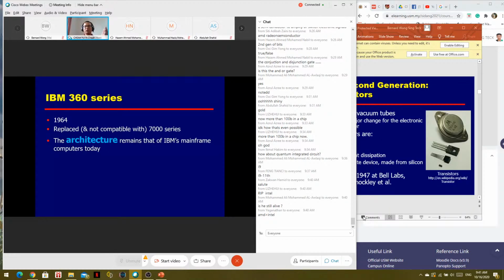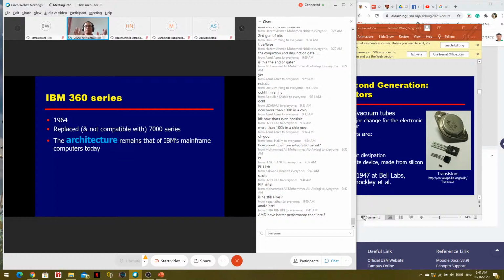Some of these IBM machines were not compatible, meaning that they had a totally different architecture. But later, when IBM had the 7000 series and 360 series, some of these architectures remained the same for all the other IBM mainframe processors today.